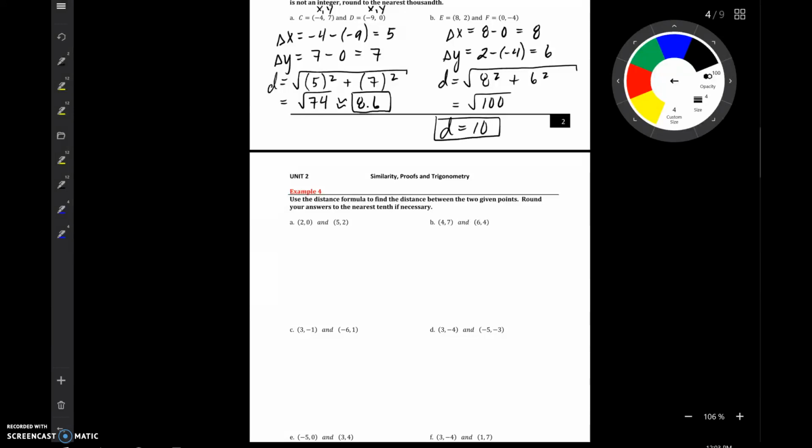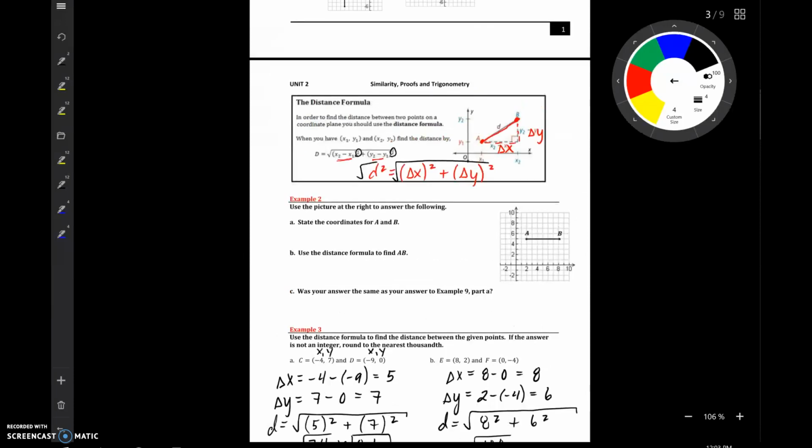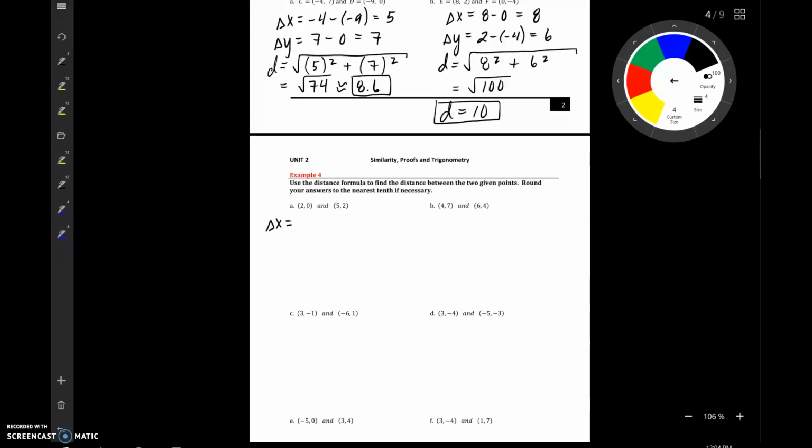Example 4, same directions. So let's do A together. Changing my x values. Now if we look at the formula, technically it says x2 minus x1. The order in which you subtract does not matter. And it does not matter because even if we're going to get a negative value, you have to square that number anyway. So change in x, 2 minus 5 gives me a difference of -3. Change in my y values, 0 minus 2.